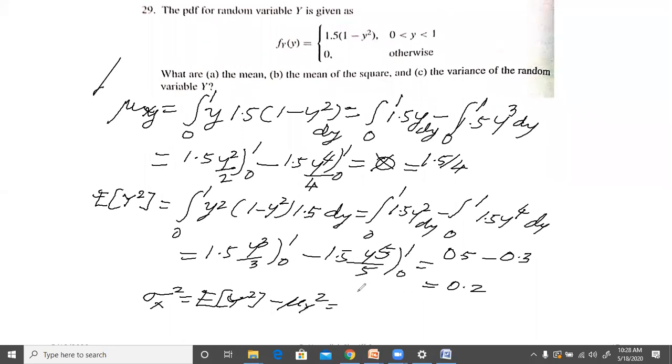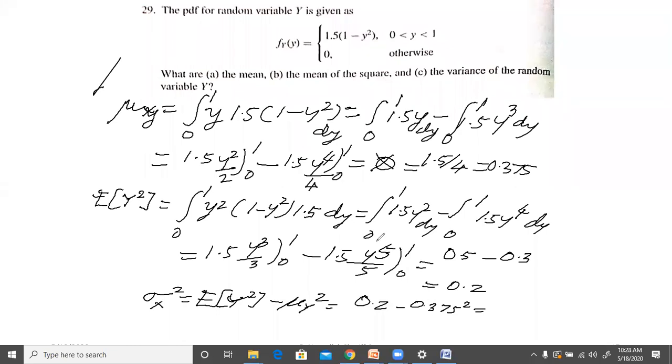So that will give us 0.2 minus, how much was that? 1.5 by 4, that will turn out to be 0.375. So this will be 0.375 square. Whatever result you get, you can write over here.